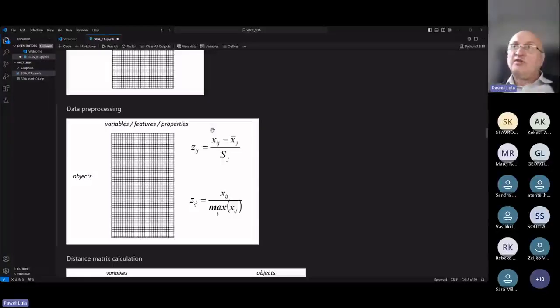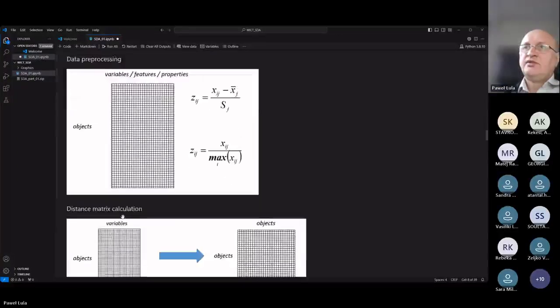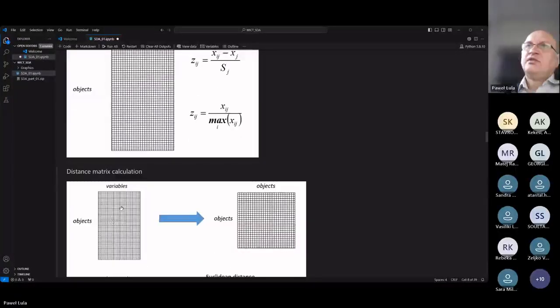Of course, this transformation has no impact on the number of rows and number of columns which we have here in our dataset.